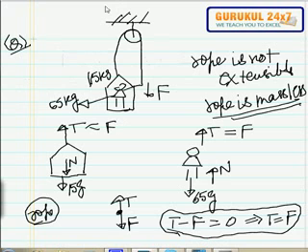Same way, from the free body diagram we write the equation of motion for the man. We will have T plus N, because N is now acting upwards, minus 65g downwards equals 0. All the forces upwards minus all the forces downwards equals 0.